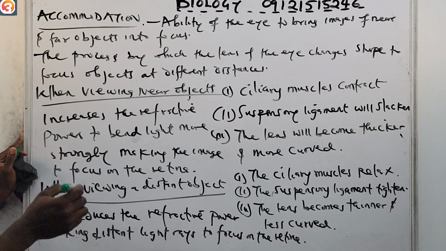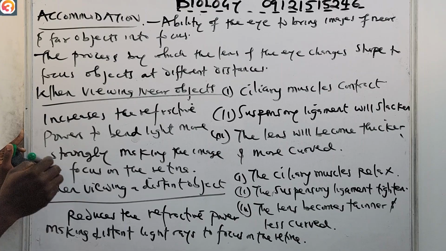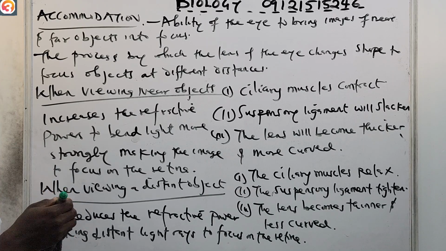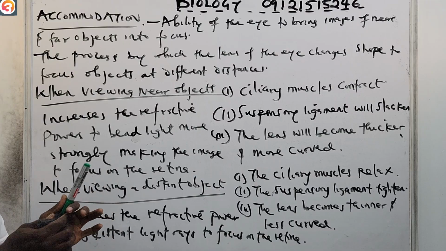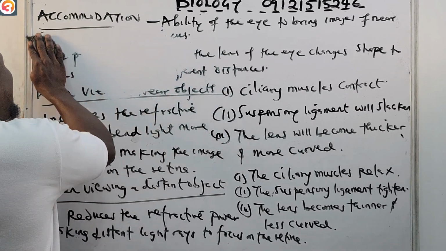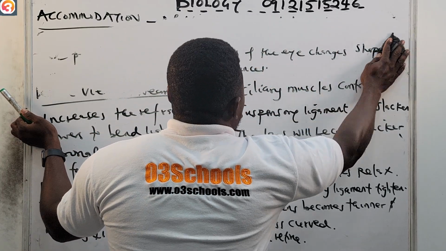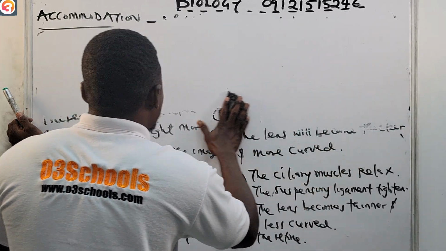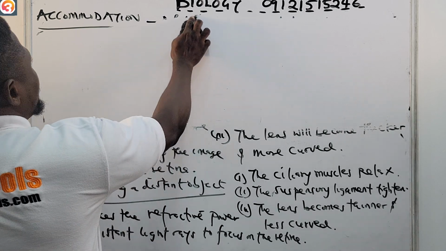This is what happens when we are viewing a distant object. So what is the importance of accommodation? Accommodation allows the eye to switch focus between near and far objects. That is the importance of accommodation.